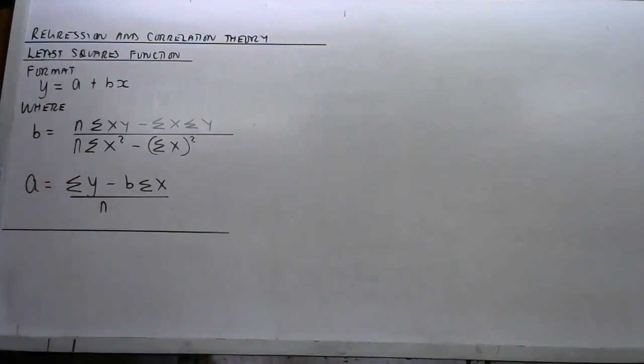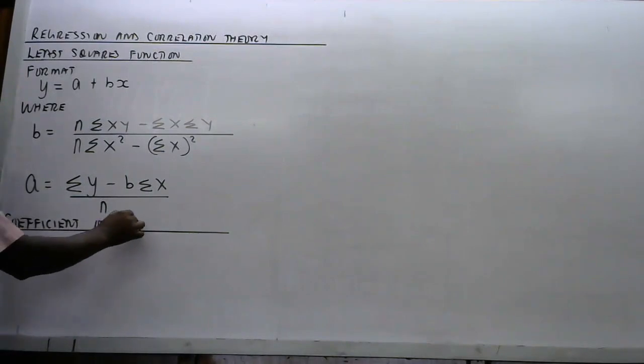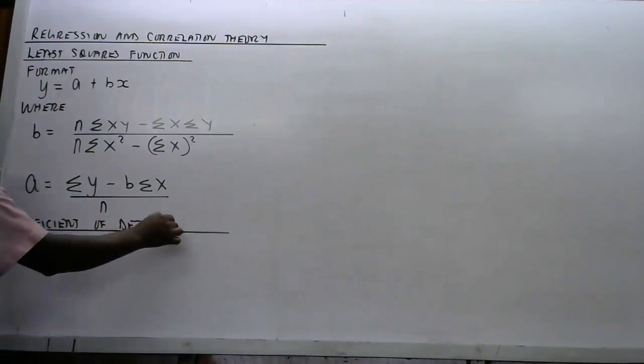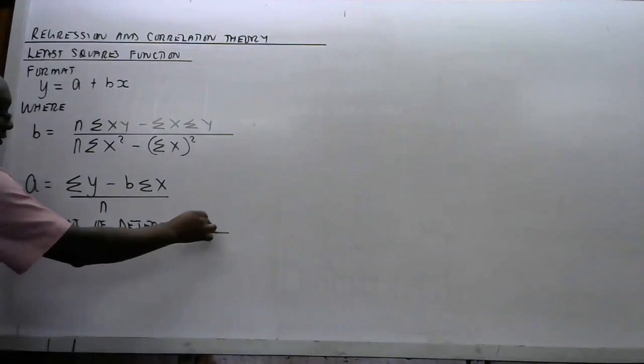The second thing that we are told to compute is called the coefficient of determination.